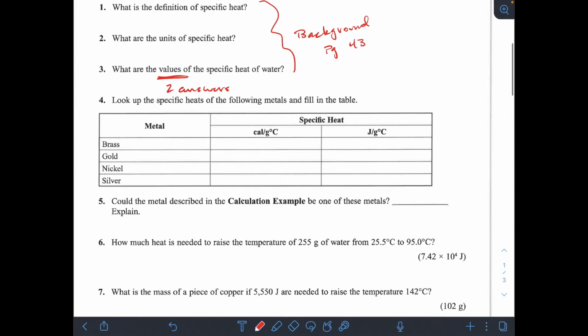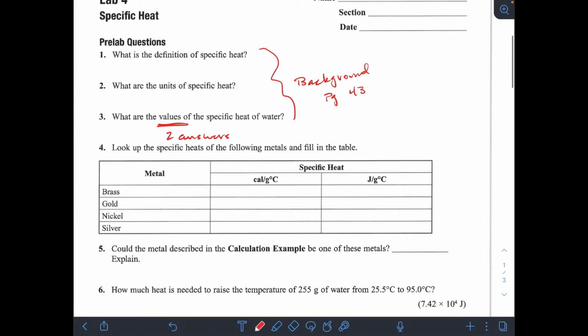As for question 4, this is a simple matter of using your Google Foo to find this information. Simply Google specific heats of metals, and you'll find brass, gold, nickel, silver. But you may have to do a conversion yourself to get the calories per gram.